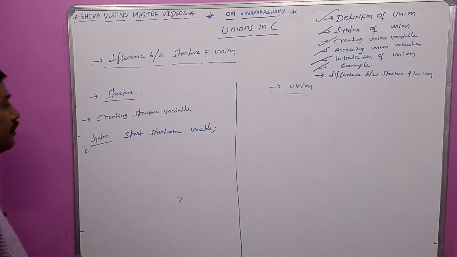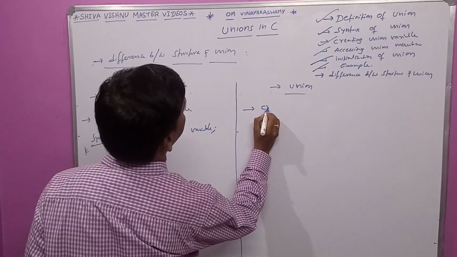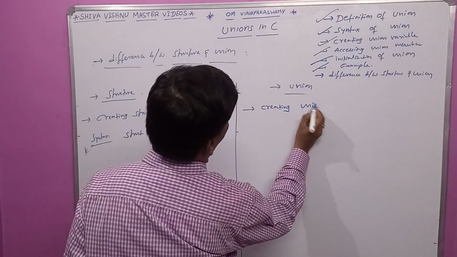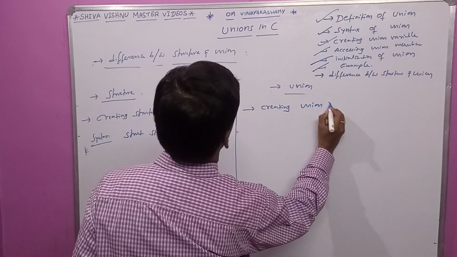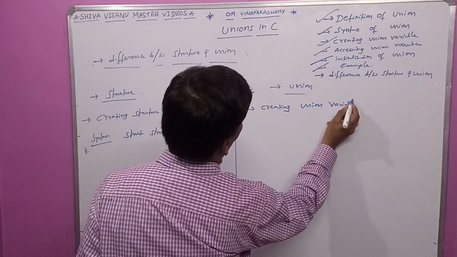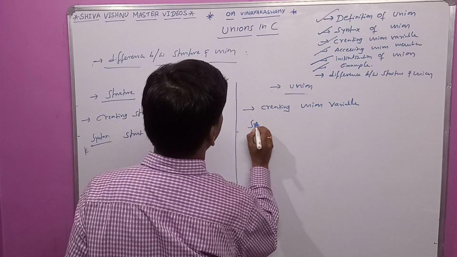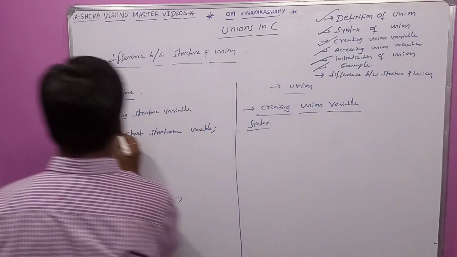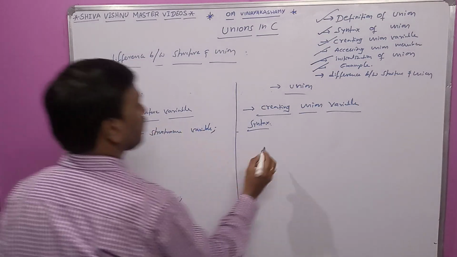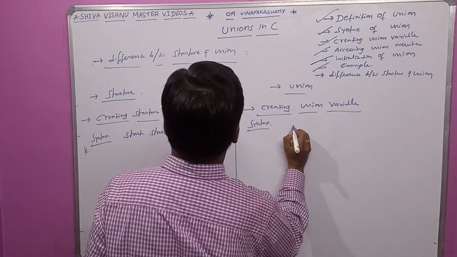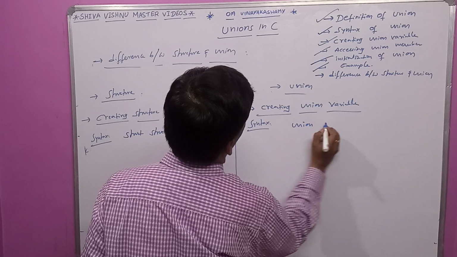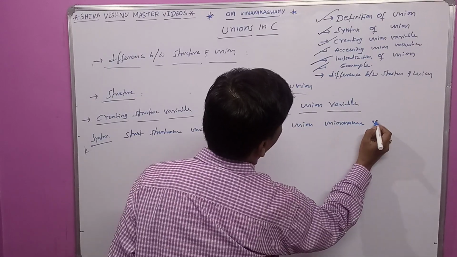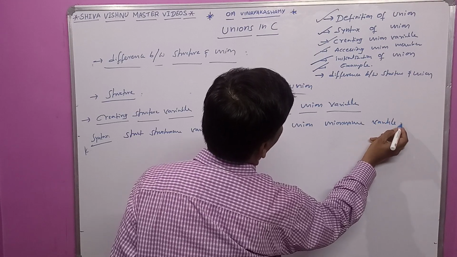Here also is creating a union variable. This is the syntax: union name, variable, semicolon.